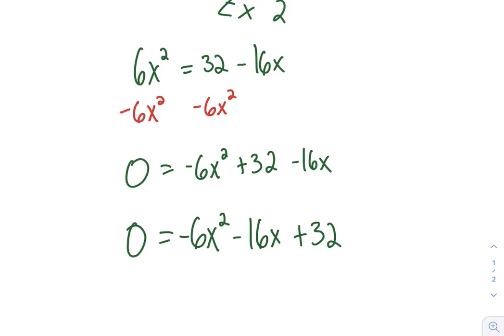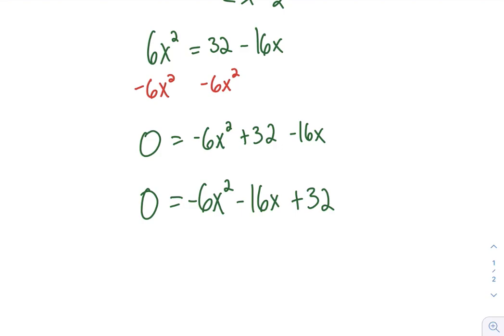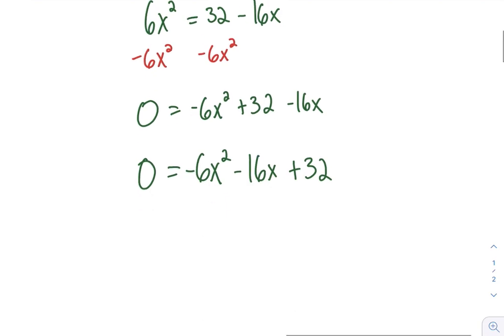All right, now we need to factor this. The first thing you should notice is that there's a GCF. Now, I don't want to have my quadratic with a negative leading coefficient, because if that happens, I can't really factor it. So I need to get rid of that negative in front of the x squared. So even though the GCF here is 2, because 6, 16, and 32 can all be divided by 2, I'm going to factor out a negative 2, so I get rid of the GCF and the negative in one shot.